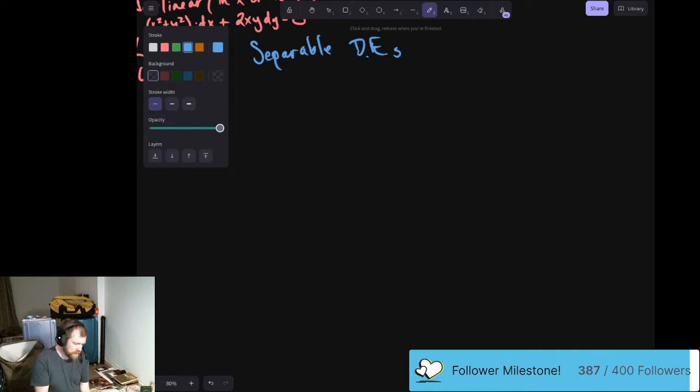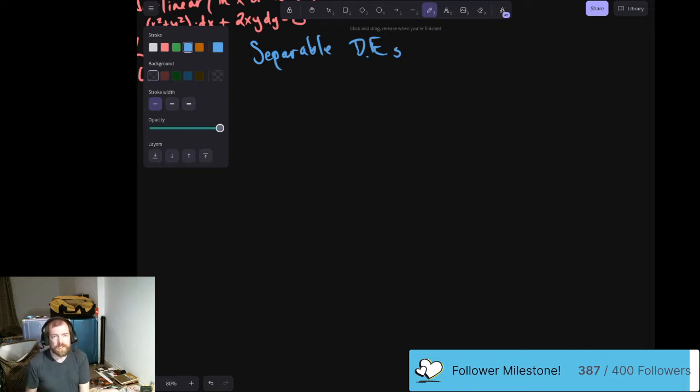So generally speaking, separable differential equations are going to be a little bit like the first one that we had on the previous section. That one actually doesn't technically work the way that we had written it, just because it mixes our x's and y's.